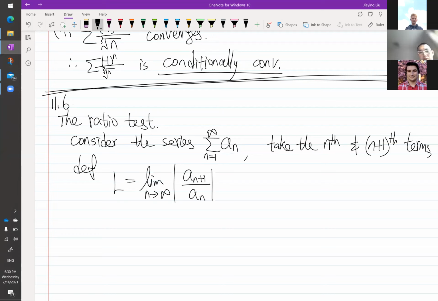That's what we call L, just the limit of the absolute value of the ratio between the two consecutive terms.